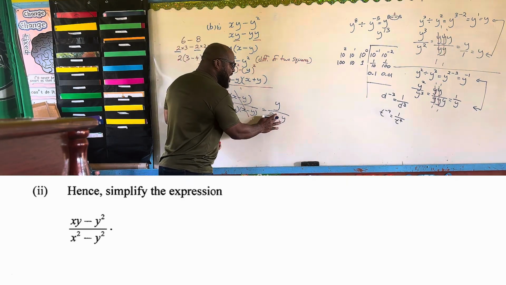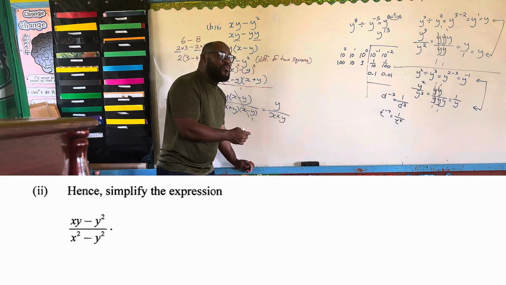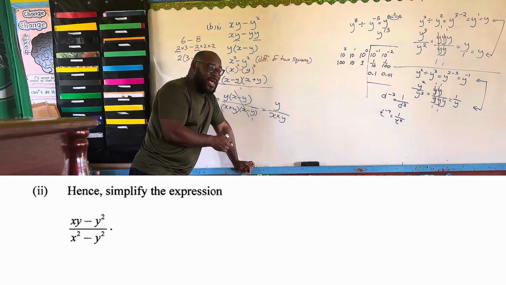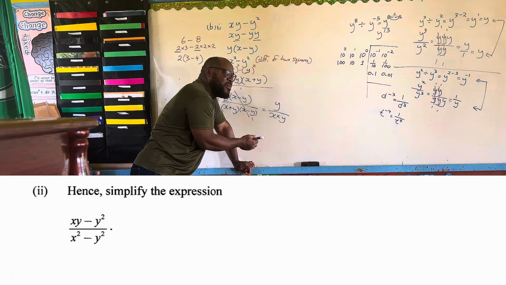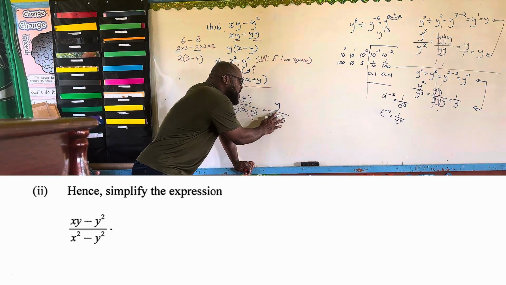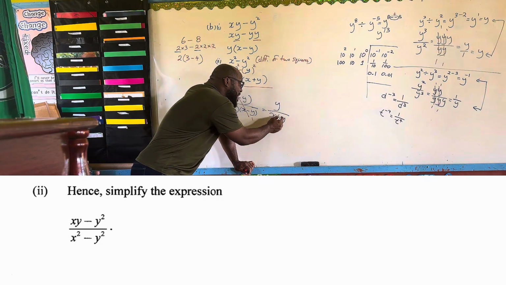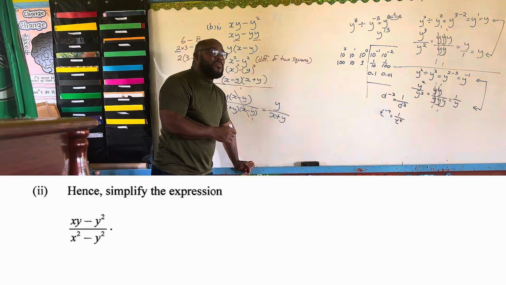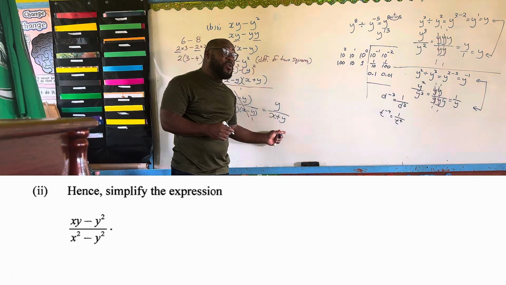Watch. If I had this, can the y's cancel now? Yes, the y's cancel because of the multiplication sign here. So the only sign you cancel with is the multiplication sign. If you have a plus, you cannot cancel.